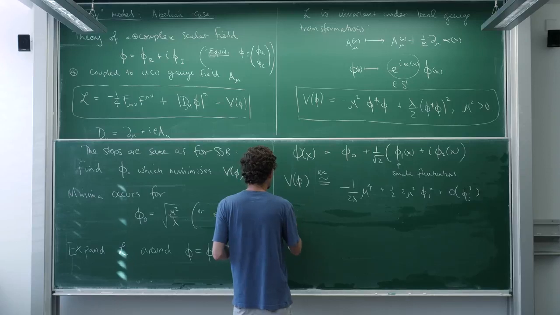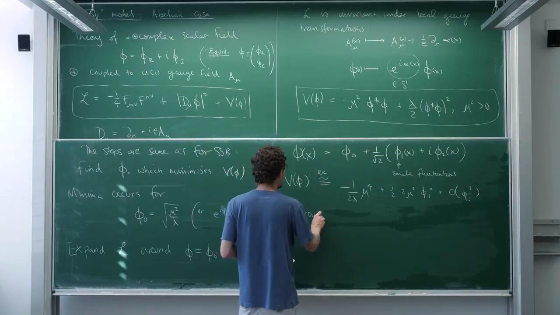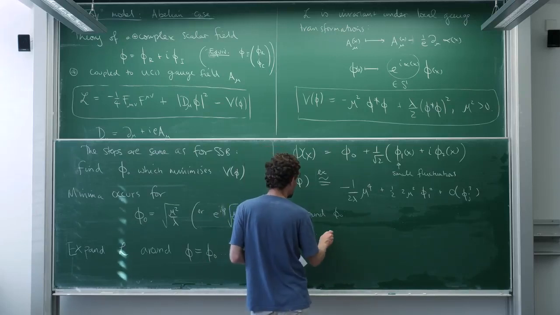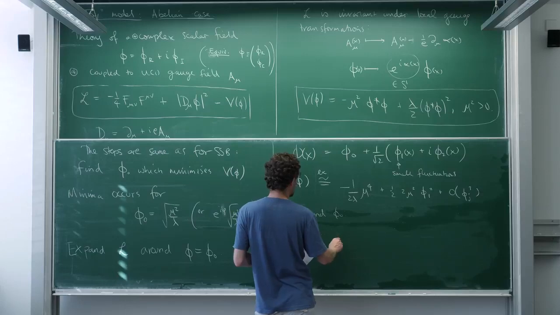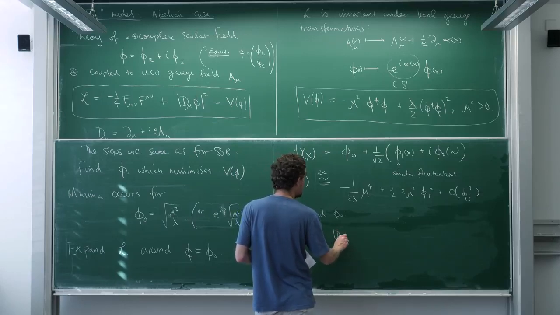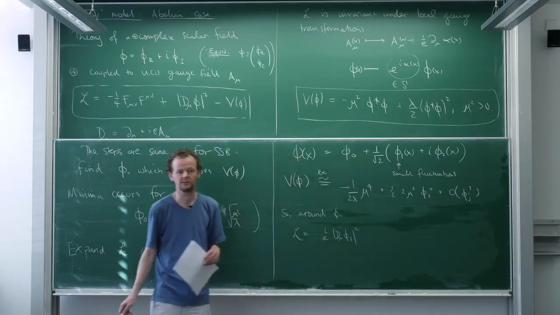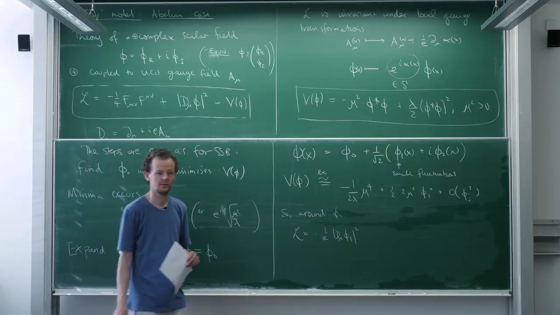So around phi naught, our Lagrangian becomes, well, the stuff before, the F stuff, and then we get the interesting stuff right here. So we get this 1 on 2, d phi 1 squared. So we get some phi 1 stuff, very interesting.